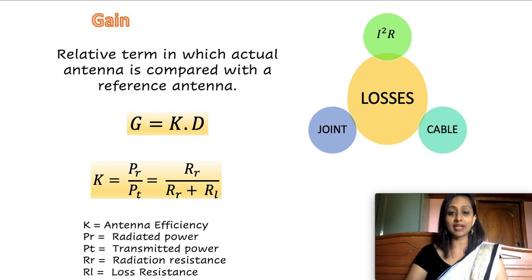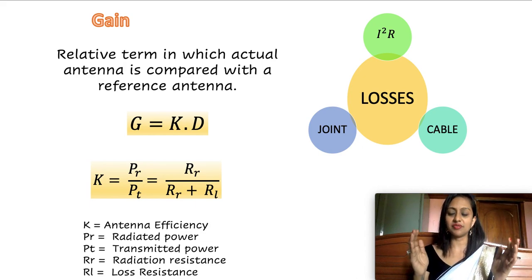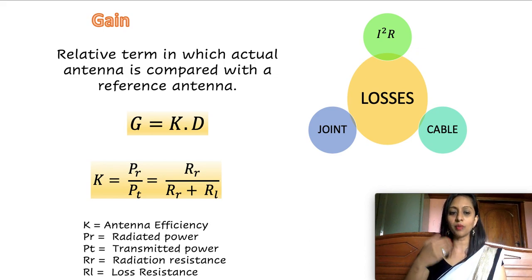But when I'm practically designing it, gain comes into the picture because the transmitted power and the radiated power may not be the same. No matter how much I talk about impedance matching, in simulation, yes, we can make sure that we get 50 ohms. Then come fabrication losses, these I squared R loss, joint loss, cable losses. With all these, the power with which I'm transmitting might not be radiated out into free space, right? So when that happens, K will not be 100%, it would be less than that.